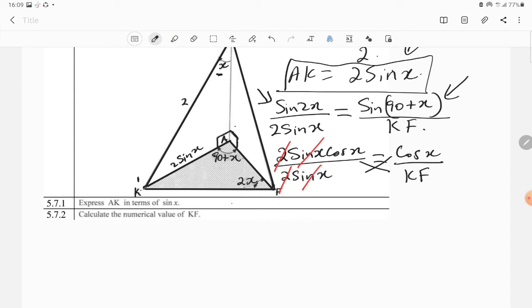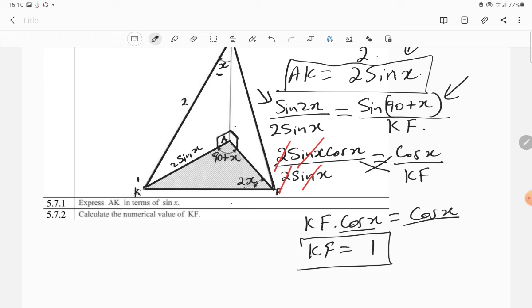We're going to have KF times cos x is equal to just cos x. So if you are looking for KF, you have to divide by cos x on both sides. So our KF is now going to be just equal to 1. So we have the numerical value of KF being just equal to 1.